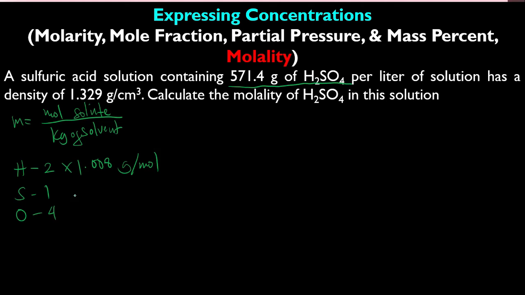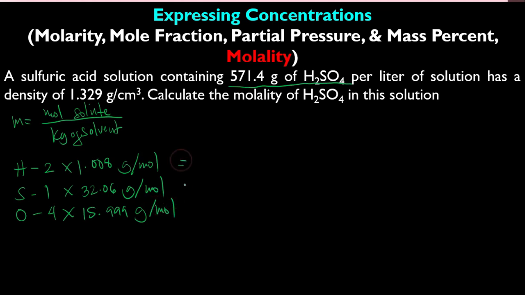For sulfur, if you look at the periodic table, the molar mass is 32.06 grams per mole. And for oxygen, it has 15.999 grams per mole.